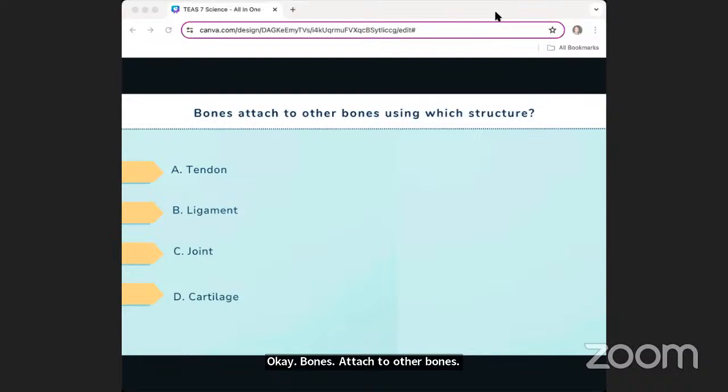The correct answer is B, ligaments. Bone attaches to one another. So to help you remember this, think about the ligaments around your knee. So your femur has to be able to connect to and work with your bottom long bones, which is like your tibia and your fibula.